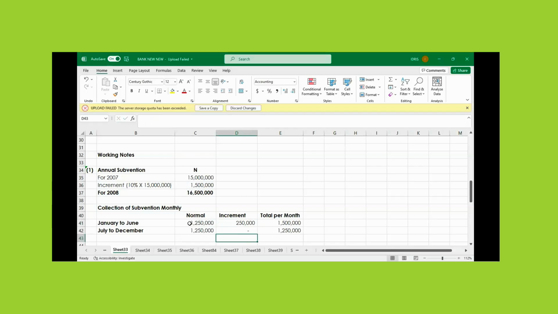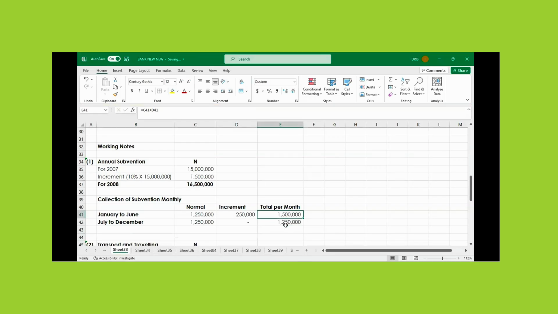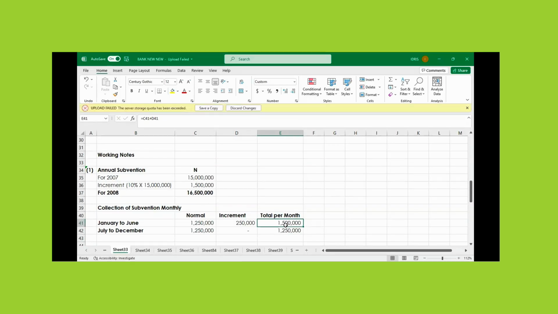That means from January to June, how much will they be receiving every month? 1.5. But from July to December, how much will they receive every month? 1.250.